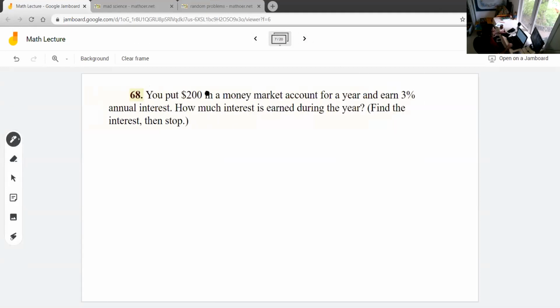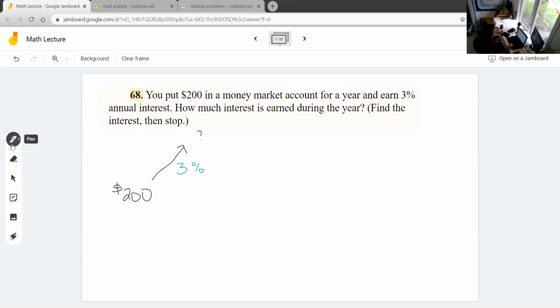In 68, we're putting $200 in an account. Now it's going up by 3%. And we're wondering what the new amount is. But all it asks us for is the interest.